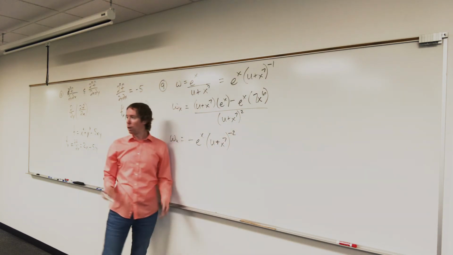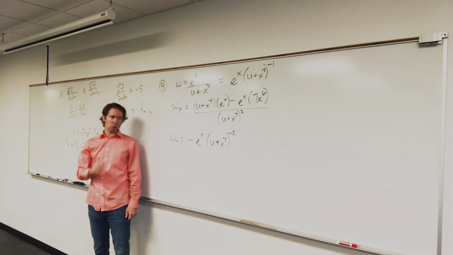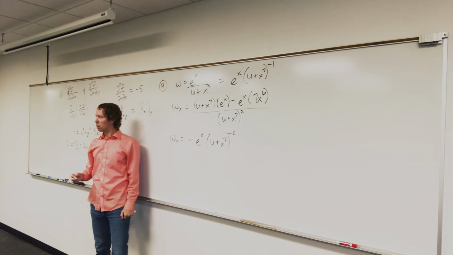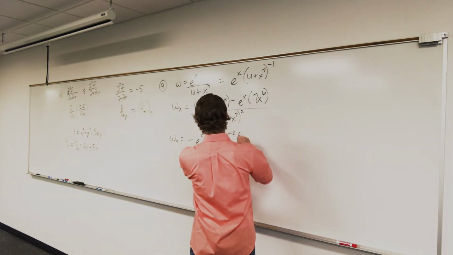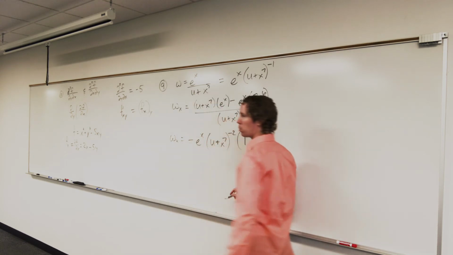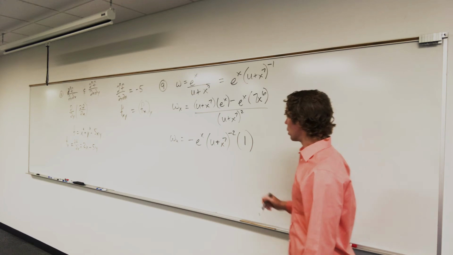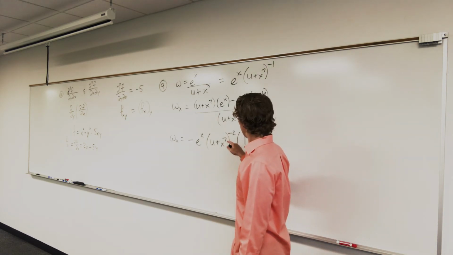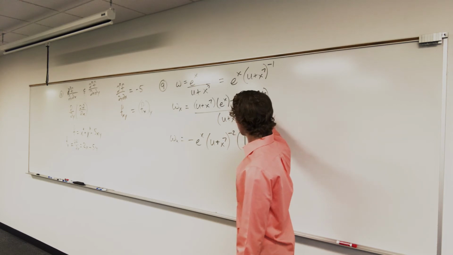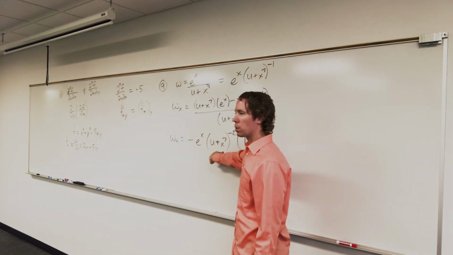And then what else do I have to do to this to finish it up? Yeah, how do I finish up the chain rule here? Derivative of the inside, so it would be 1. Okay, good. Multiplied by the derivative of the inside, which is just 1, because we're taking the derivative with respect to u. And now you can see we're getting what we expected. We're getting just one term in the numerator basically over u plus x to the 7th squared.